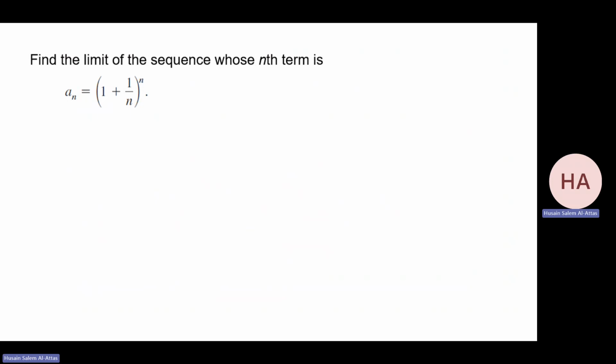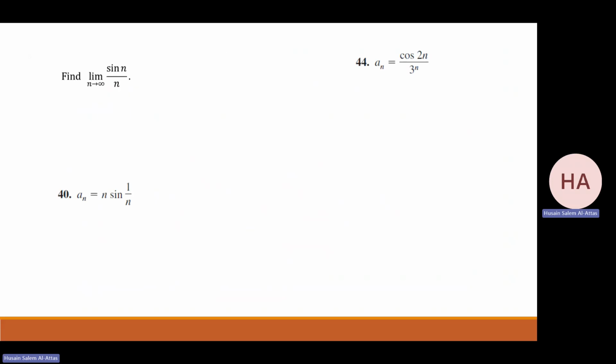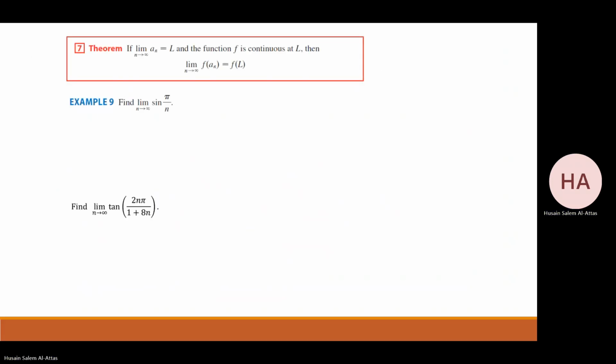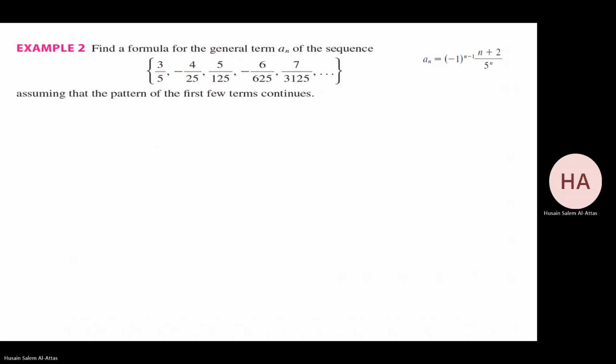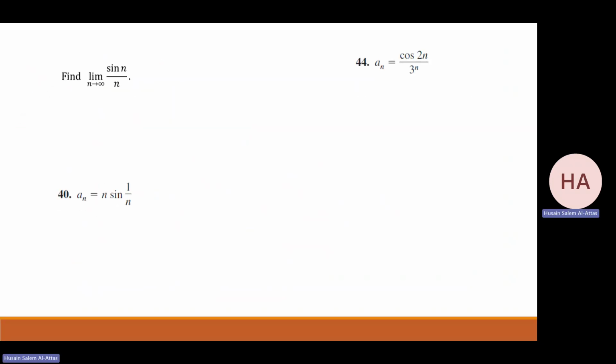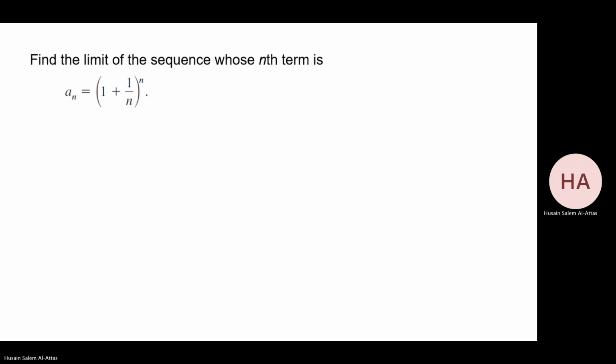Find the limit of this sequence whose n-th term is this. I have function to the power function now. So how to do this?